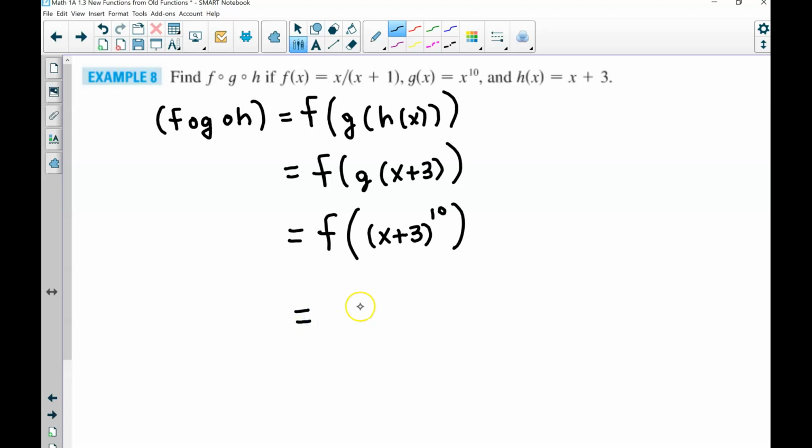So now you're going to replace all the x values with x plus 3 to the 10th. So in the numerator, we would have x plus 3 to the 10th, all over x plus 3 to the 10th power plus 1.